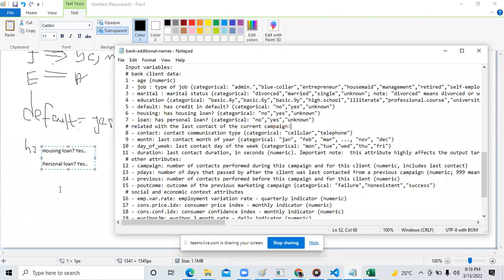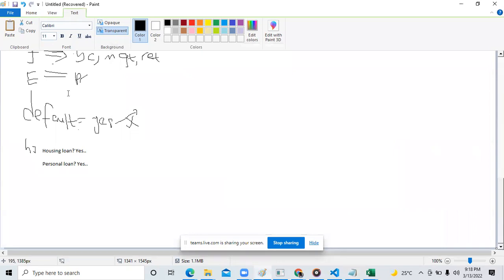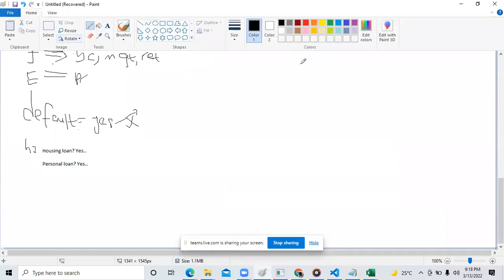So for example, a bank contacted a client in January, right? Alpha, come and deposit money. They contacted them in March again, right? The contact could be via email, it could be text, it could be a direct call. Then they contacted them in September, then in December, right?